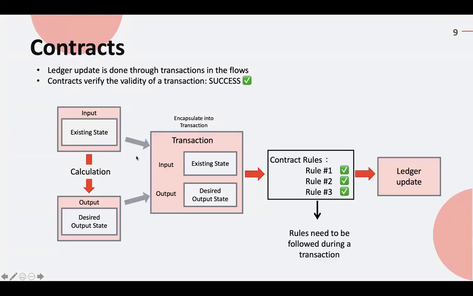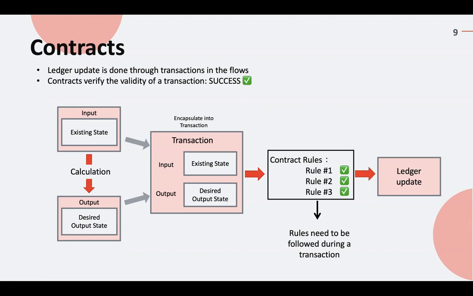The input has me as the owner because I'm currently the owner of the car. But once I sell it, the desired output state is Peter being the owner. Every state on the blockchain is consumed in a transaction that encapsulates the input and the output. Only if the contract verification succeeds is this update considered valid and able to continue.